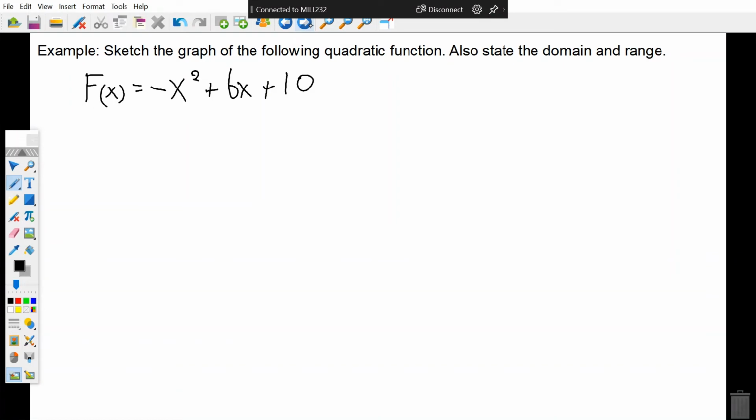Here we have f of x equals negative x squared plus 6x plus 10. Now, our goals remain the same: y-intercept, x-intercept, axis, vertex.